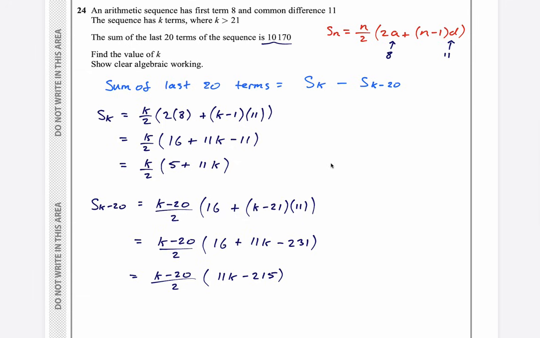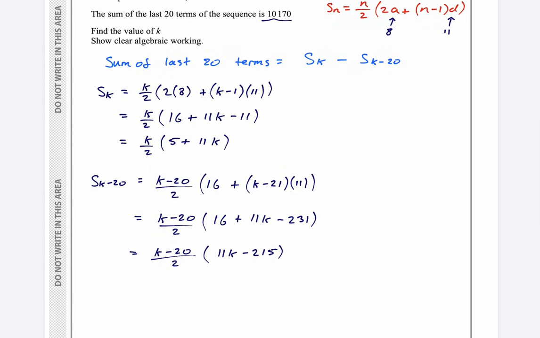So let's create an equation. My equation is going to be, I'll go back to blue, k over 2, 5 plus 11k, minus this, and yes guys, I'm well aware this looks horrible.